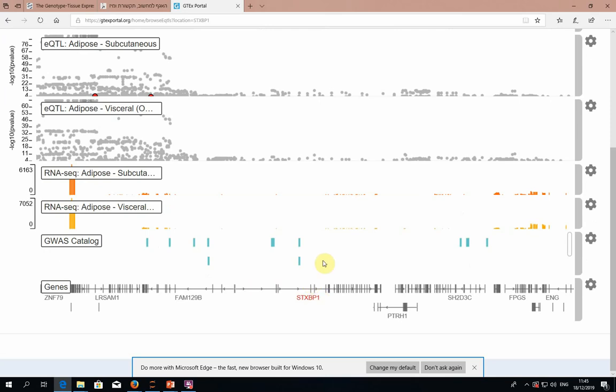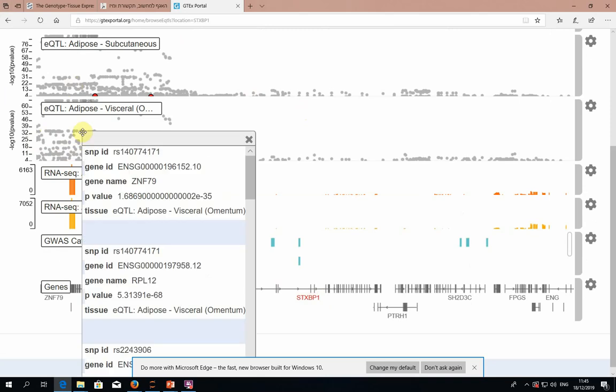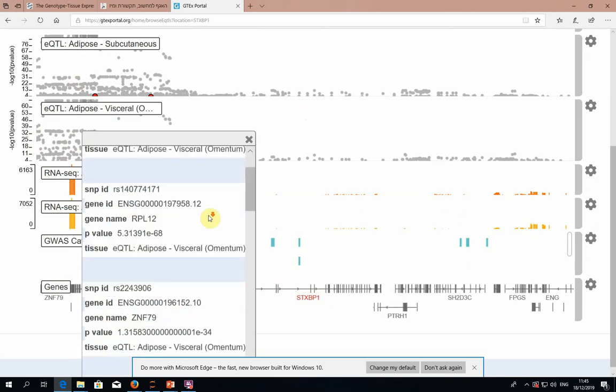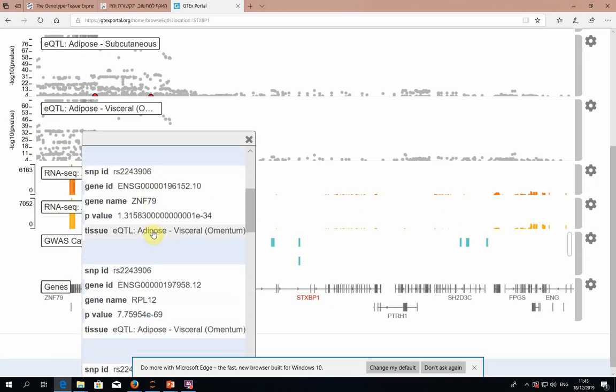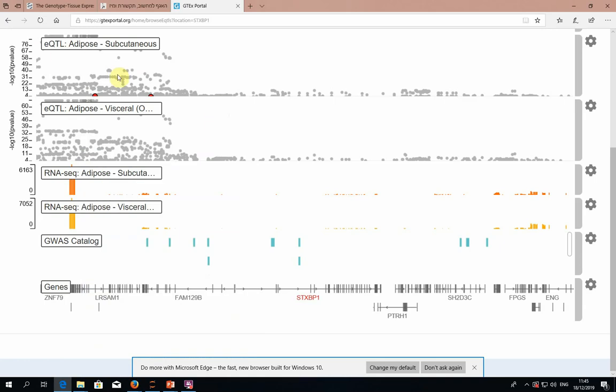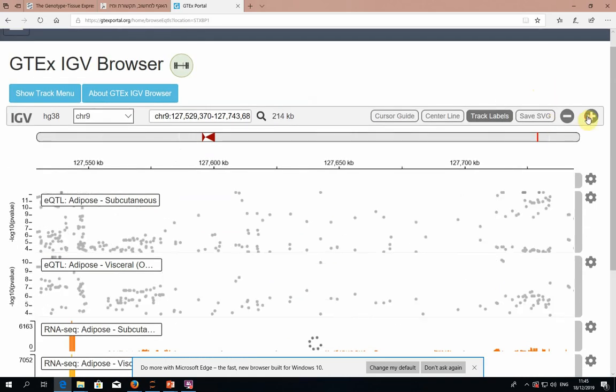What you can see, first of all, is that those are eQTL. Each and every one is clickable. So you can see which variant, which effect size, what is the gene, what's the p-value, how strong is the eQTL in this specific tissue, what is the SNP, and so on, for each and every spot here. And you can zoom in, zoom out as much as you want.